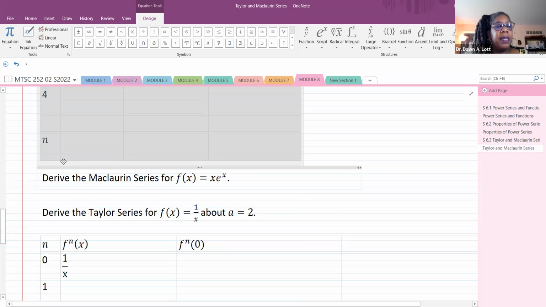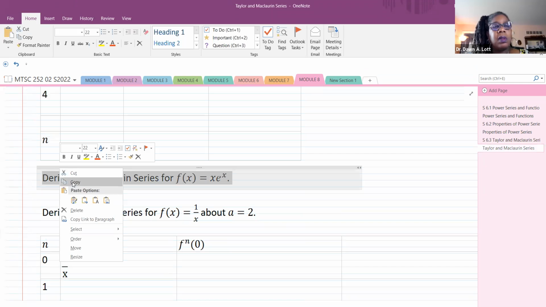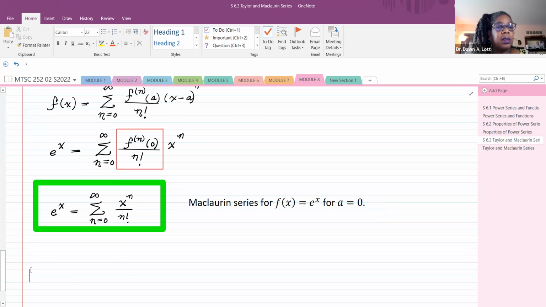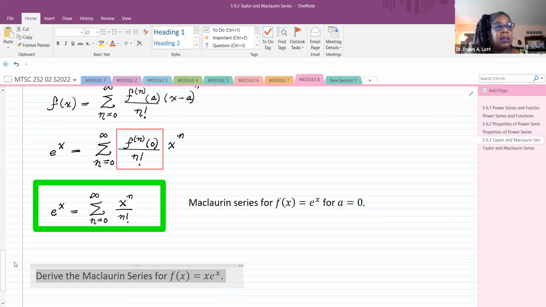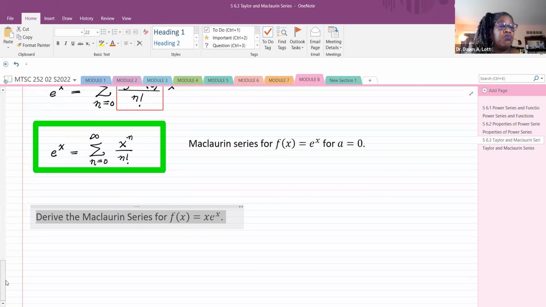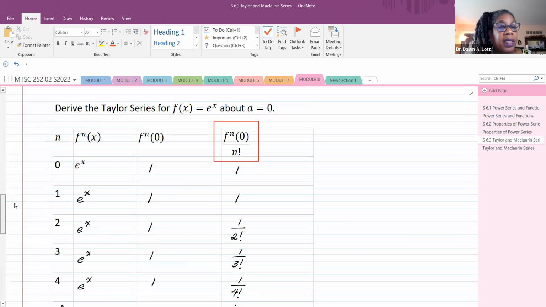Now, suppose somebody asks you to derive the Maclaurin series for f of x equal to x e to the x. All righty, well, again, I could make this table, put x e to the x, then do its first derivative, which is going to be a product rule, then do the second one, which is going to be 2 product rules, and then third one, which will be 3 product rules.